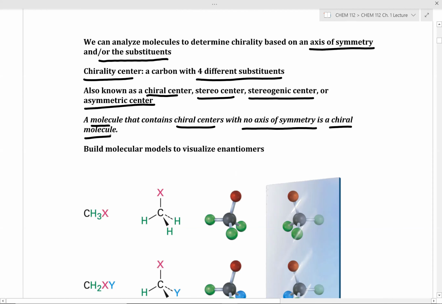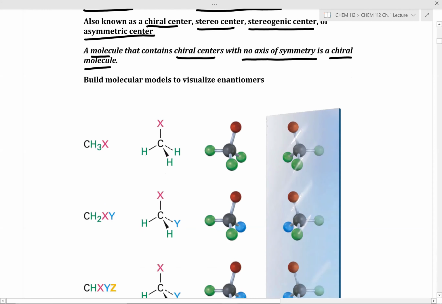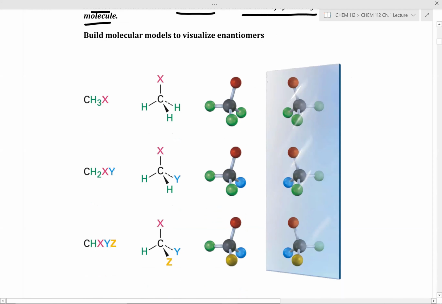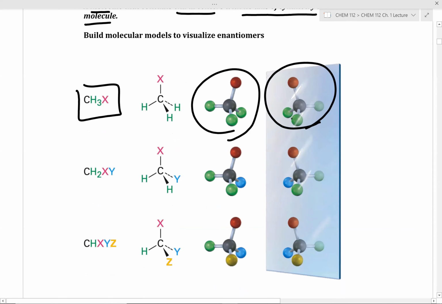Now, it's really important that you build models in this case, because once you have your model kits in hand, it becomes quite easy to see why you need 4 different substituents. So let's take a look at this CH3X. Now, if we look at the 2 mirror images and we try to overlay these 2 structures, are they exactly identical in terms of the relative position?